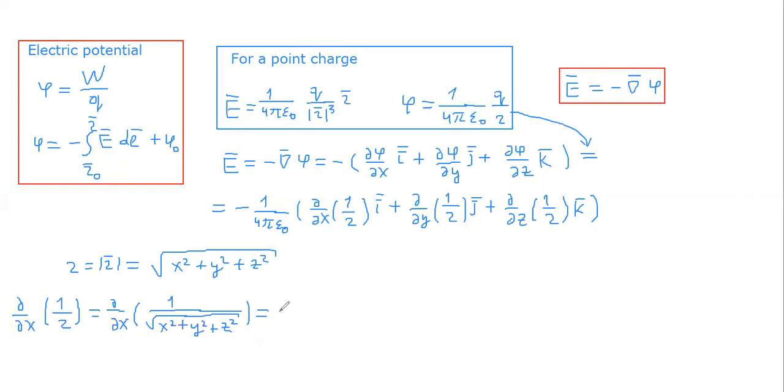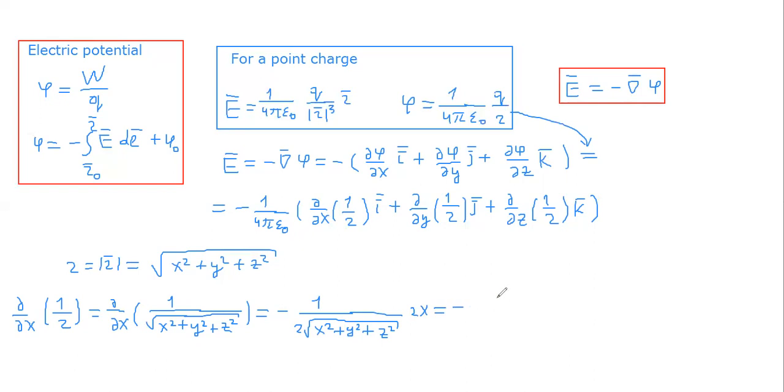This is equal to minus 1 divided by 2 square roots of x in second order plus y in second order plus z in second order, multiplied by the derivative of x, y, z in second orders, and this will be 2x. And what do we have?